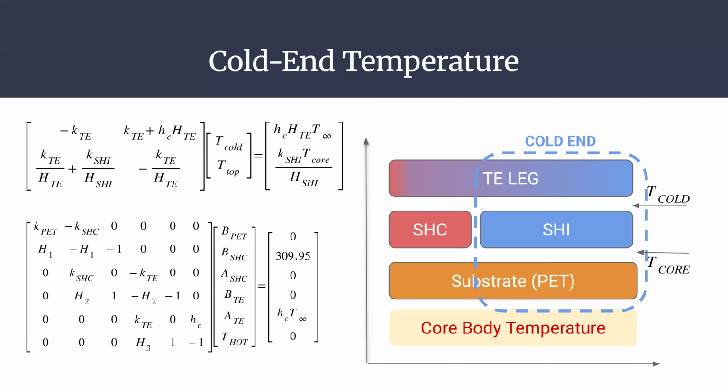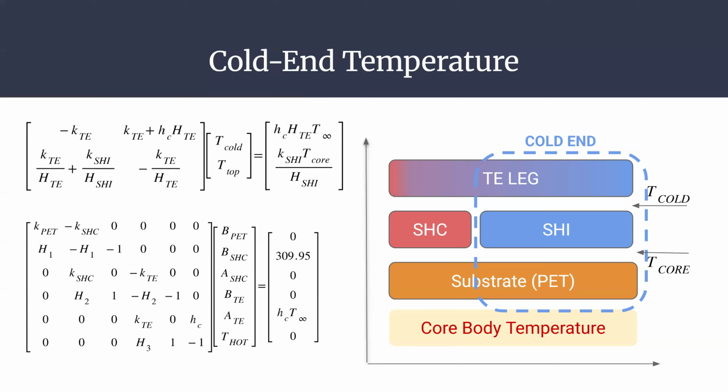So with all the boundary conditions and the 1D simplifications, we come up with this 2 by 2 linear system on the top left corner, combined with the 6 by 6 linear system that dictates the behavior of heat transfer in the hot end.